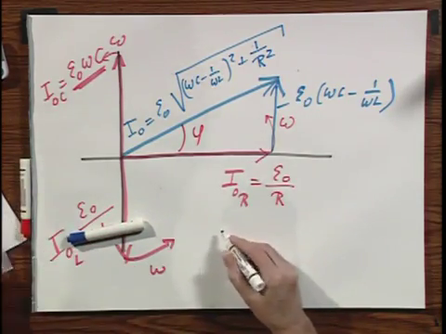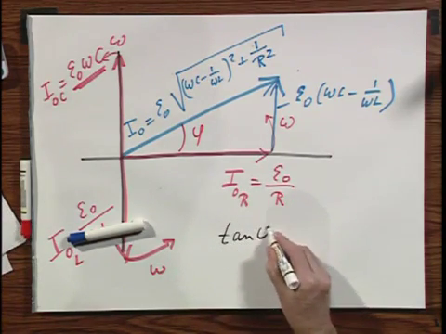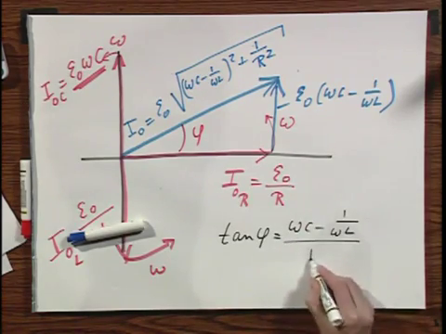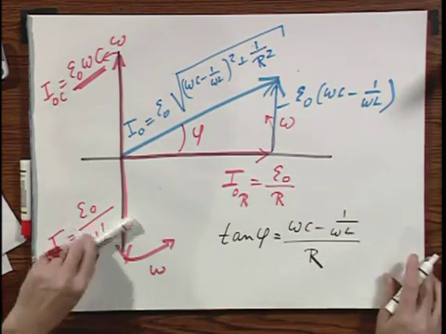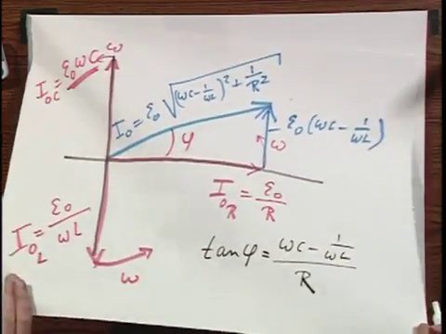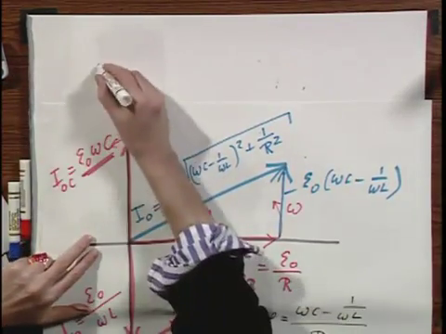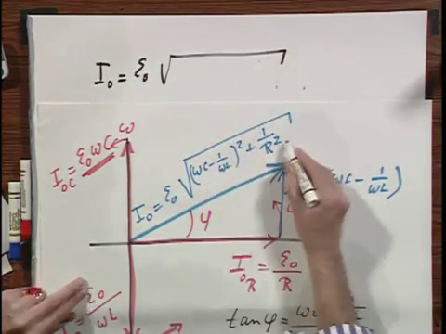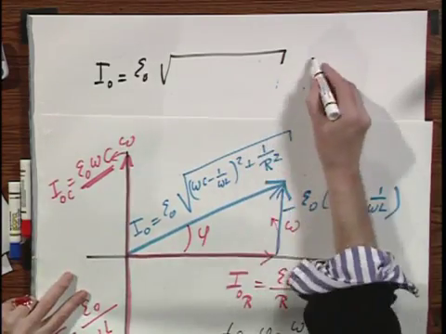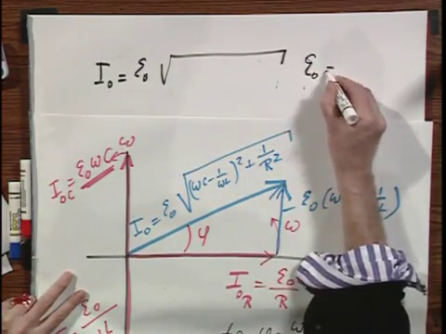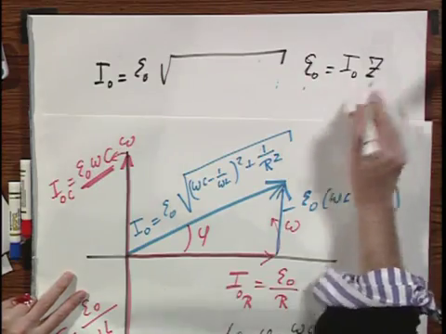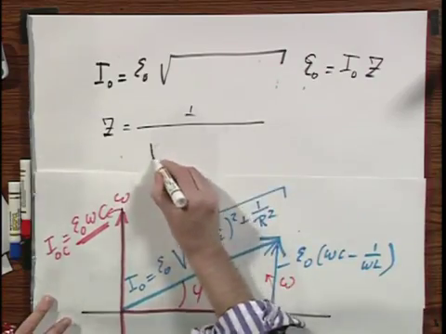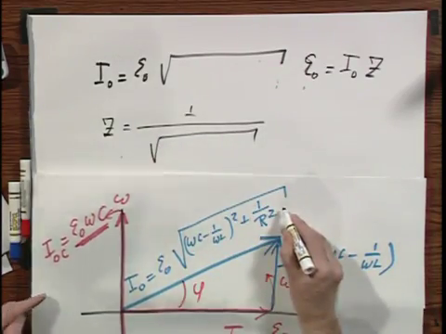The tangent of phi equals (omega C minus 1 over omega L) divided by R. And of course you can clean that up a little bit if you want to. And I0 itself would then be E0 times this monster. And since E0 per definition equals I0 times the impedance Z, Z equals 1 divided by this monster.